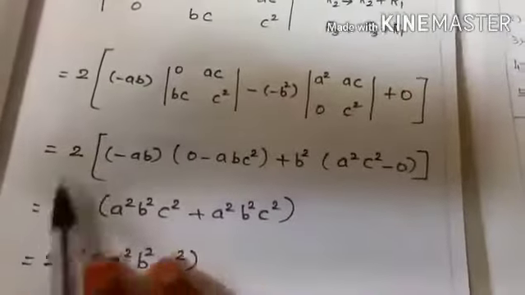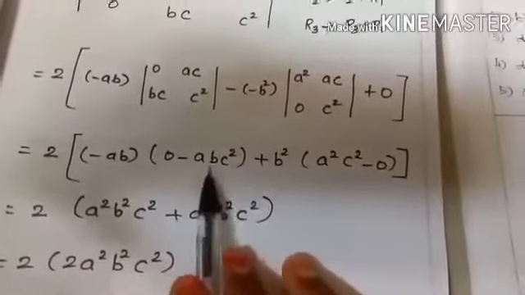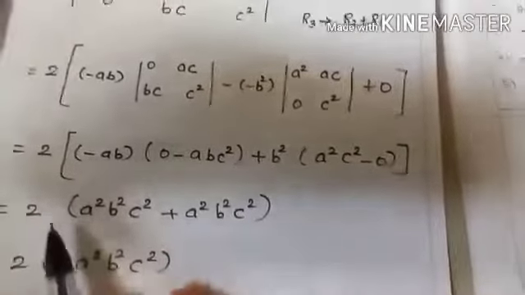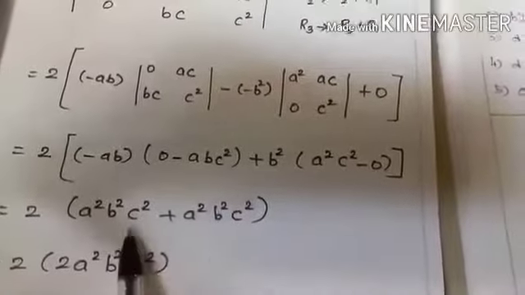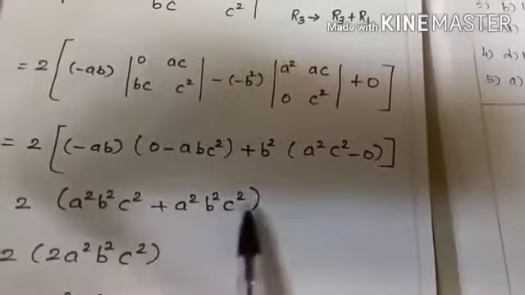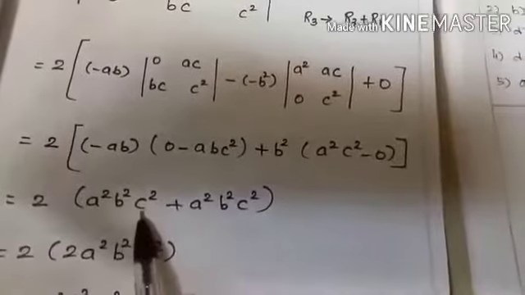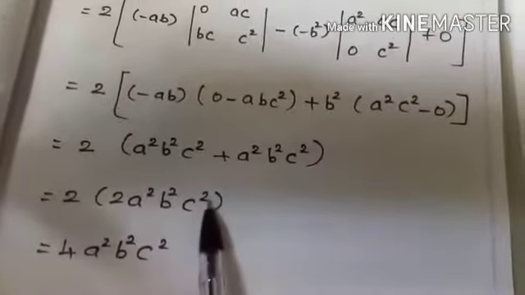So which is equal to 2 into minus AB into minus ABC squared. So minus into minus plus A into A squared, B into B squared, already C squared, plus B squared A squared C squared is A squared B squared C squared. So A squared B squared C squared plus A squared B squared C squared, which is equal to 2 A squared B squared C squared.